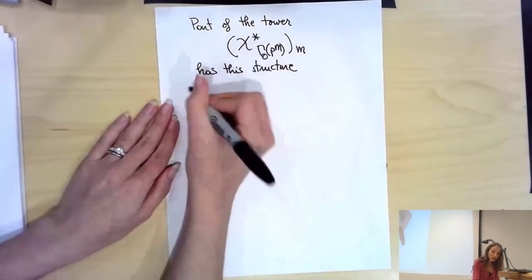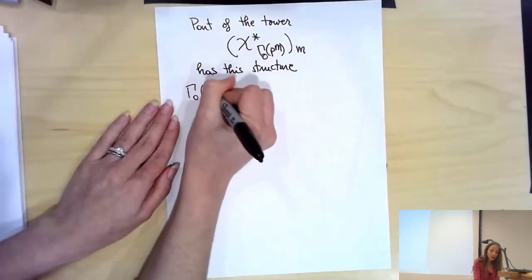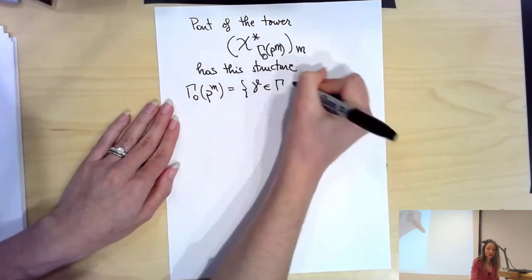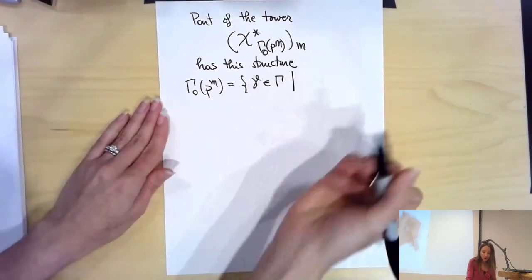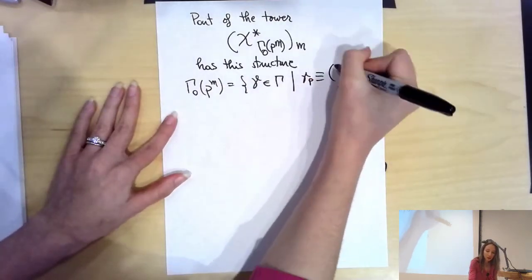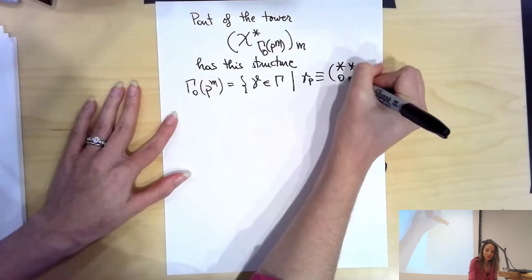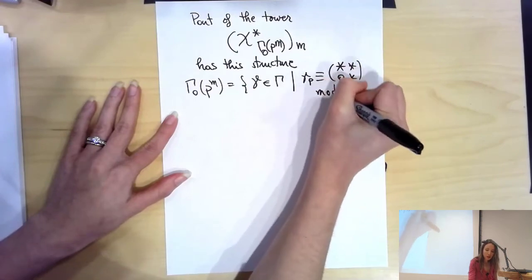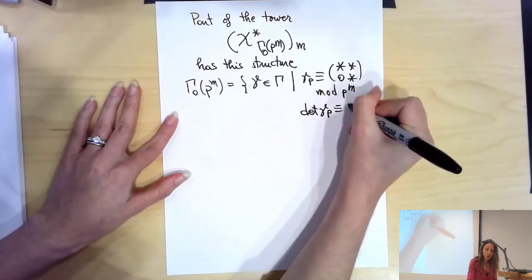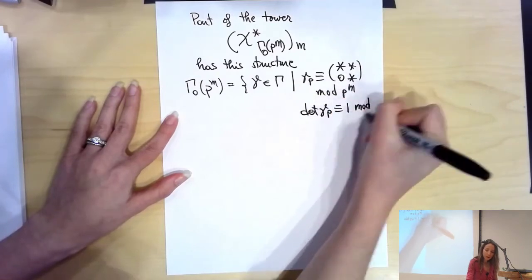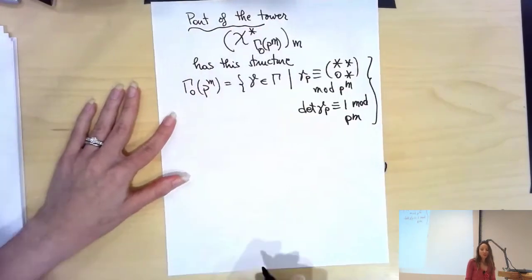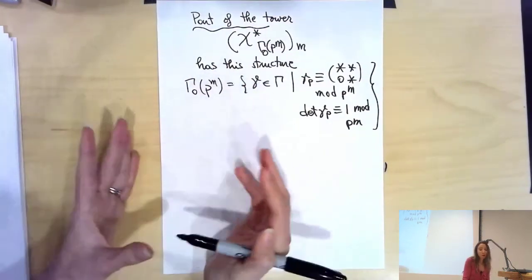Just to recall, Γ_0(p^m): you're looking at those γ in the compact open subgroup that we have at ground level, but such that at p you have this congruence condition, requiring them to be upper triangular mod p^m, and the determinant to be congruent to 1, also mod p^m. Part of the goal of the talk is to make precise what I mean by part of the tower.